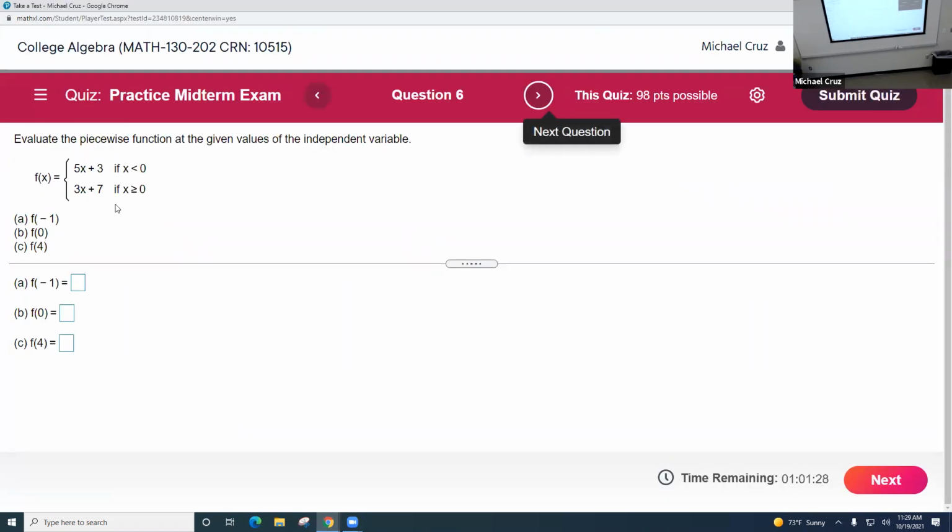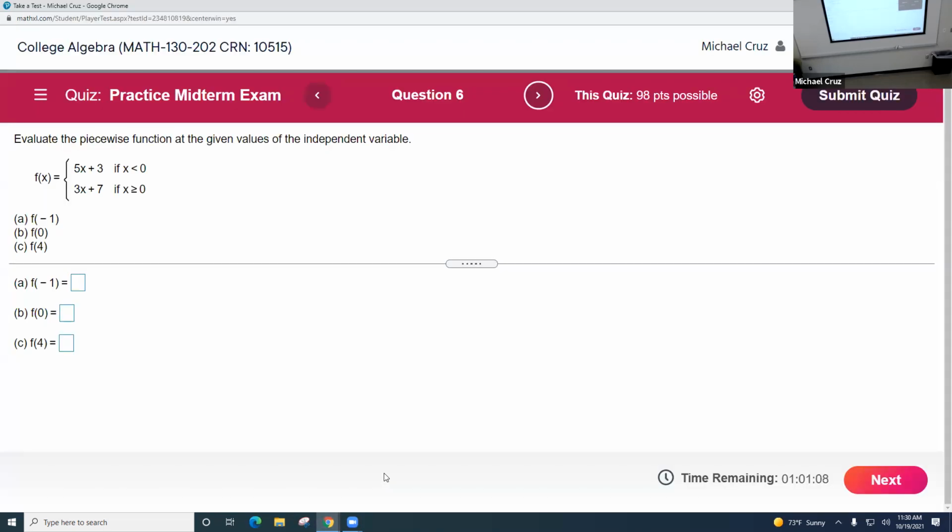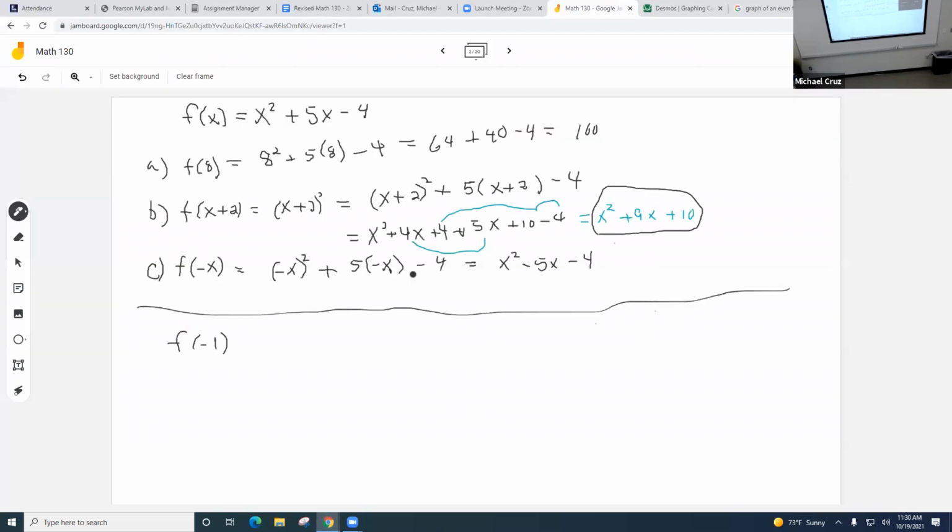So if x is less than 0, then we're going to use the top one. -1 is less than 0. So that means that we're going to find f of -1 by putting it in, was it 3x plus 5? Yeah, 5x plus 3.